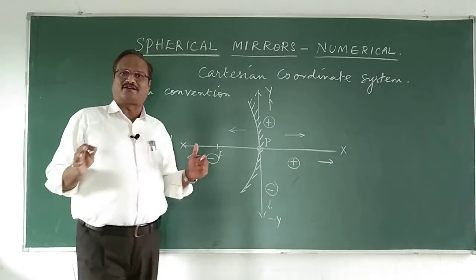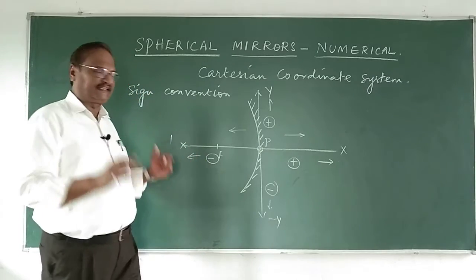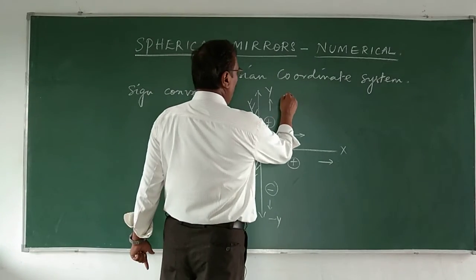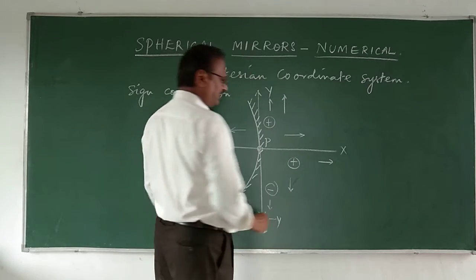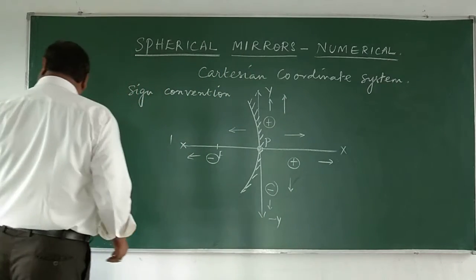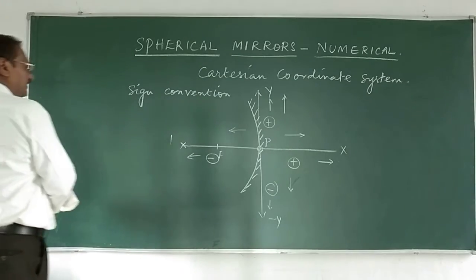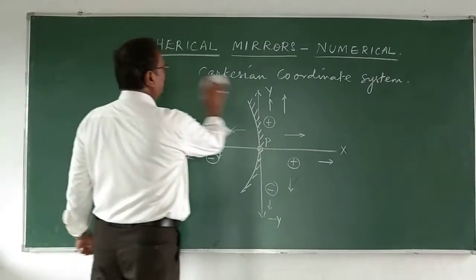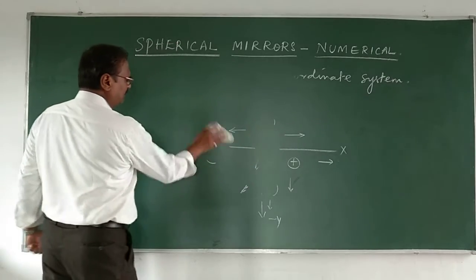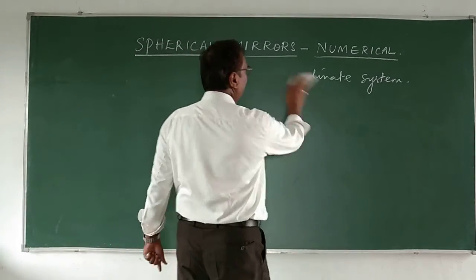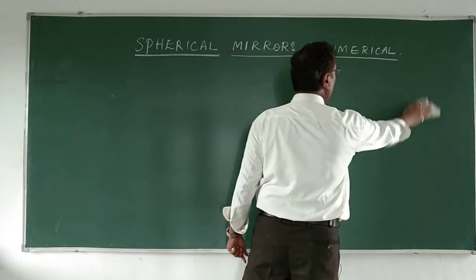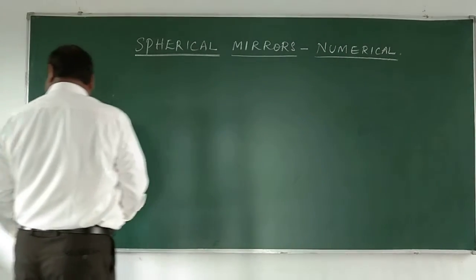You need not worry at all, just apply the sign convention. And if the object is kept erect, it is positive, and if it is inverted, it is negative. Keep these rules in mind, the sign convention based on the Cartesian coordinate system, and you will never have any doubt when you do the numerical.